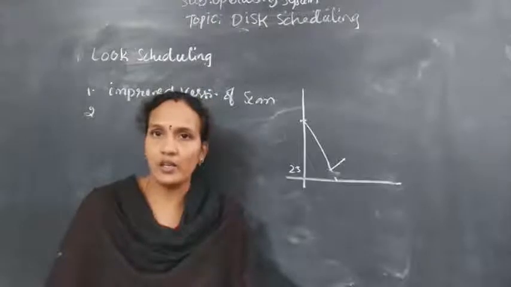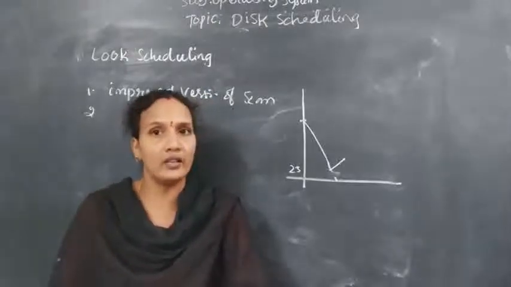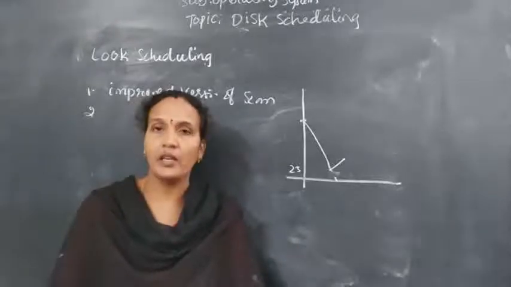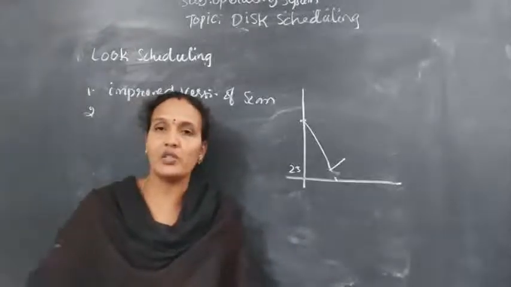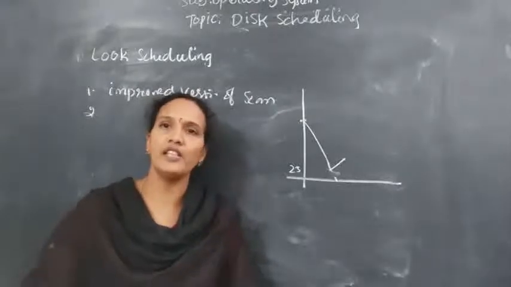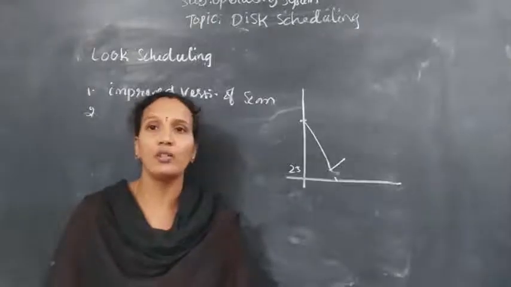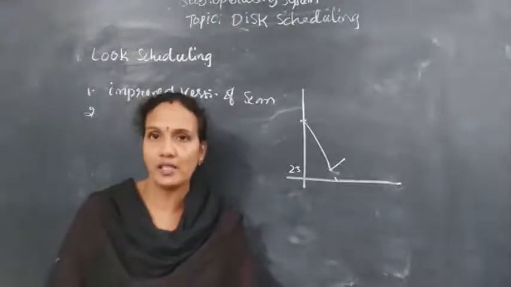It is called LOOK scheduling because it will look whether the next request is there or not in the same direction. If it finds that there is no request in the same direction, then it will change the direction. Clear? So this is about the LOOK disk scheduling algorithm.